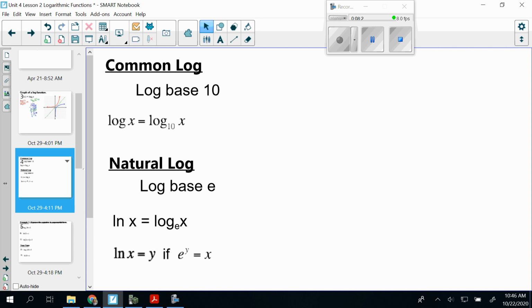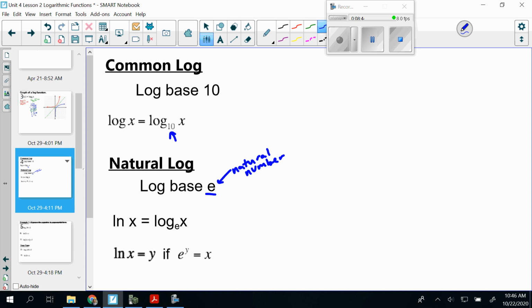Two very famous logs are common log, which is log base 10, and natural log, which is log base e. E, remember, that's our natural number. That's why this one's called the natural log. So let's start with common log base 10. You'll always see 10 written as the base.